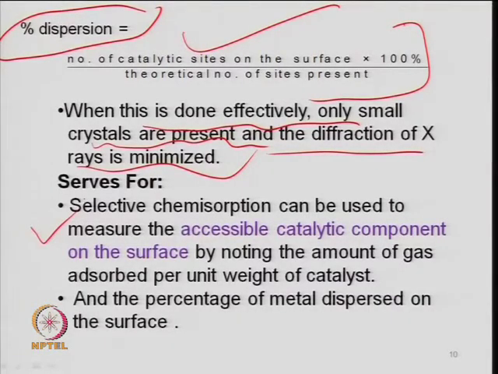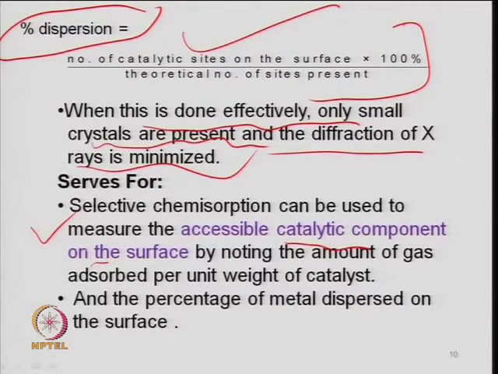So, selective chemisorption can be used to measure the accessible catalytic component on the surface, that is dispersion, by noting the amount of gas adsorbed per unit weight of the catalyst. It is similar to physical adsorption, the only thing is that now we have a chemically reactive gas. So, this will adsorb only on the active sites of the surface.